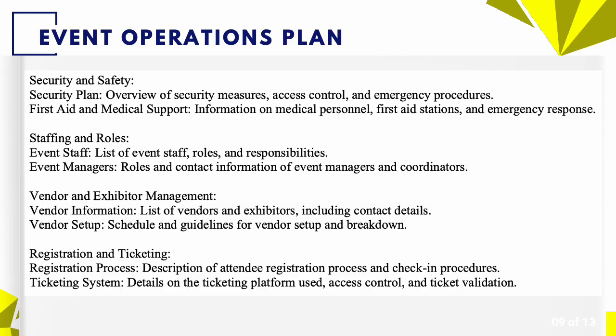Registration and ticketing, so the registration process, right, is in front at the main gate, or in the lobby area. So, a description of the attendee registration process and check-in procedures, and the ticketing system, details on the ticketing platform used, probably an application or website, access control, and ticket validation.